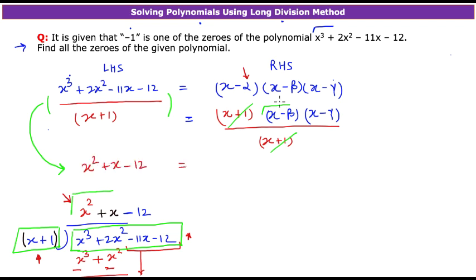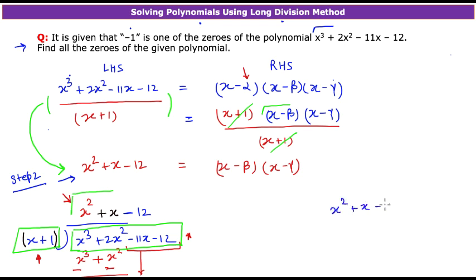And that is of course equal to the product of these two factors, x minus beta times x minus gamma, right? Now, isn't it much easier to solve this quadratic as opposed to solving this cubic polynomial all at once, right? And that means we are at our step number 2, where we are going to solve this quadratic, okay? So let me create this solution step here.